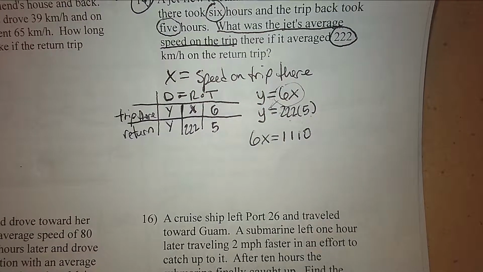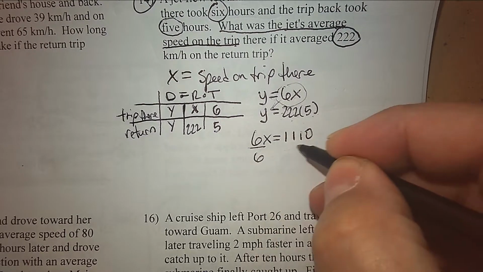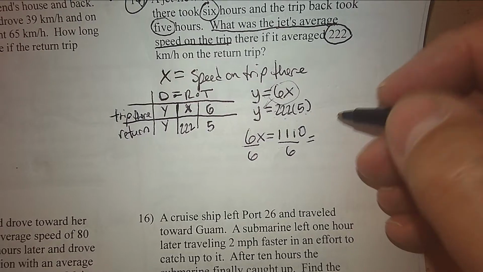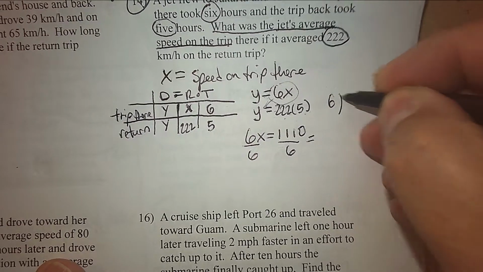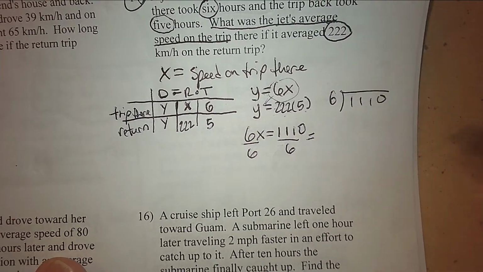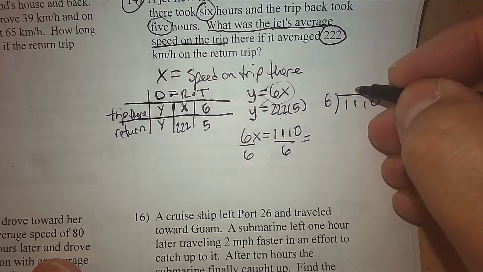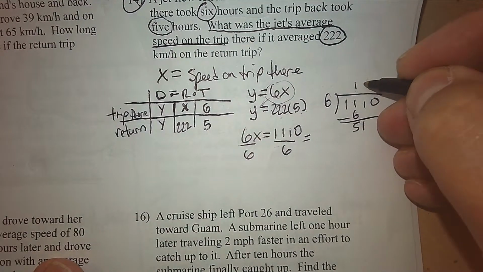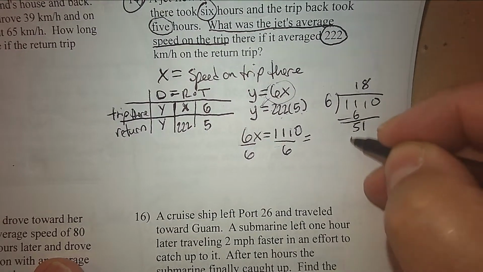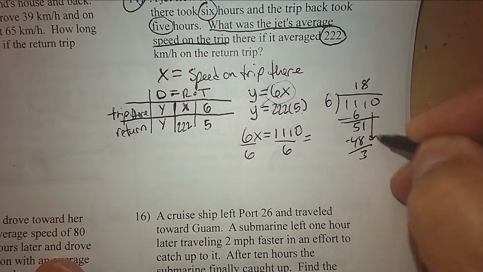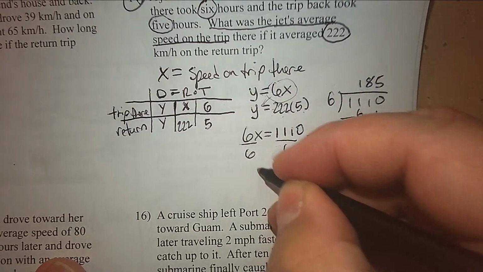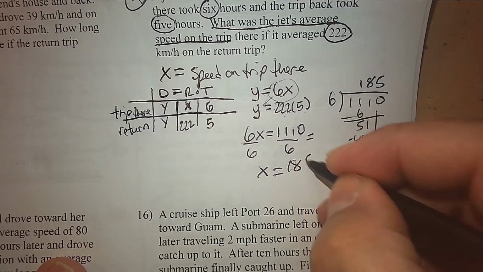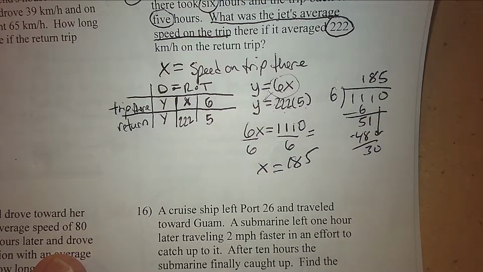And then the last step is just to divide by 6. It actually goes in evenly. 185.